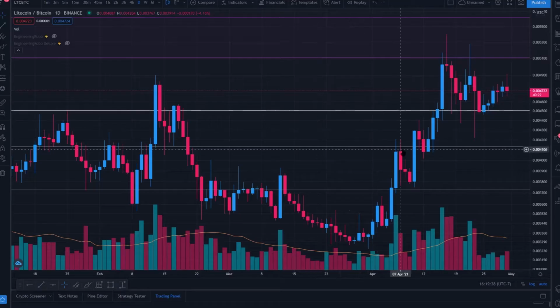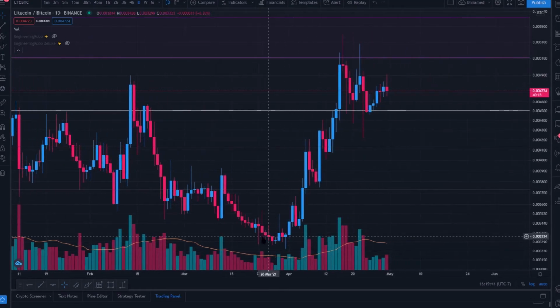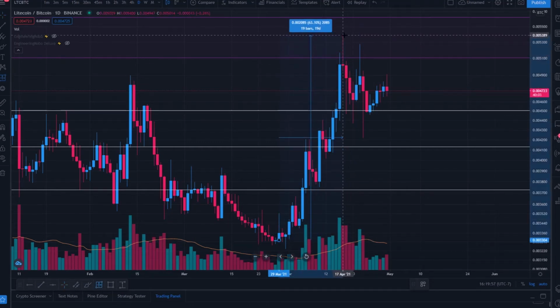If we were to consider the price of Litecoin against the price of Bitcoin, we can see upon recovering very nicely along this zone under 34.26 Satoshi and above 32.97 Satoshi, we rallied very nicely since the beginning of this month, all the way till the middle of April there.